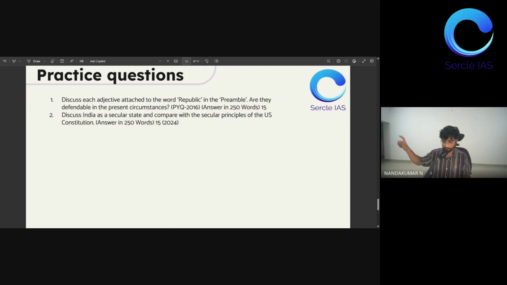Then part 4A, fundamental duties. This is going to help you to get an extra edge over other candidates, not just in your polity paper, but in essays as well as even when you go to the interview, you can impress the interviewer or the panel by citing these articles and the preamble.